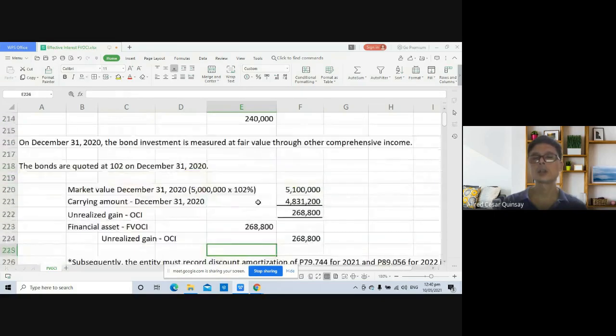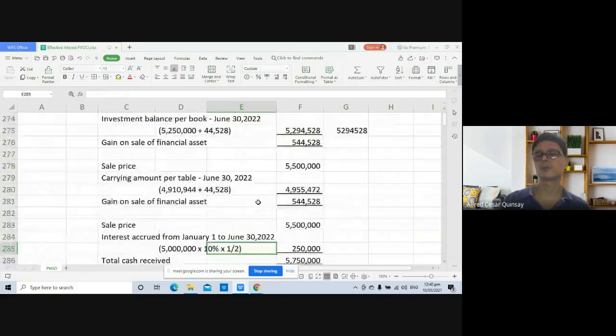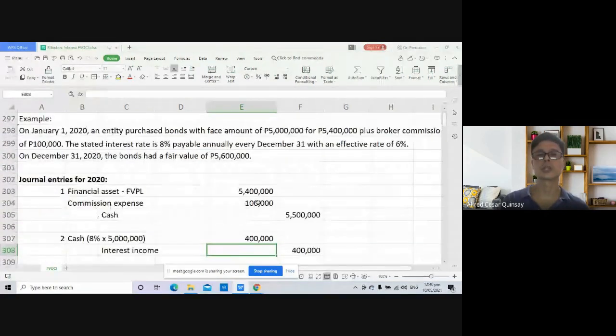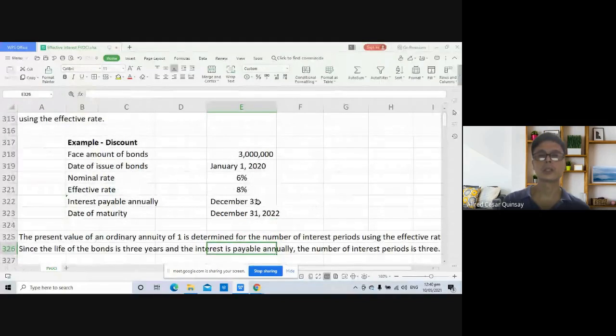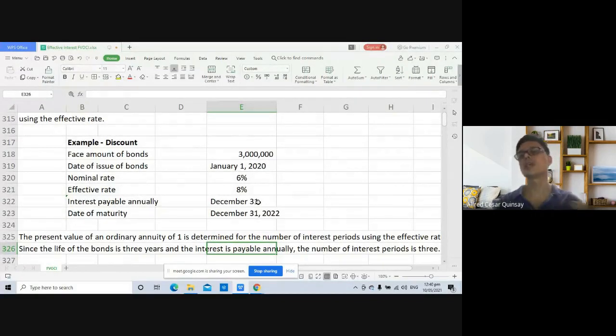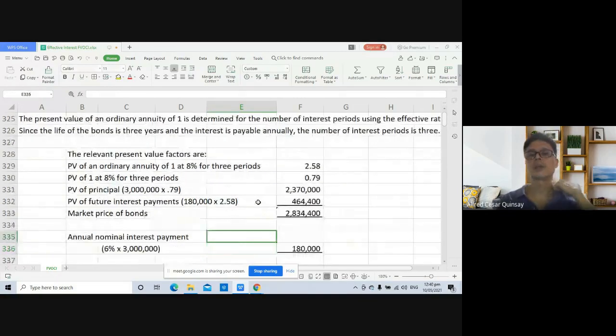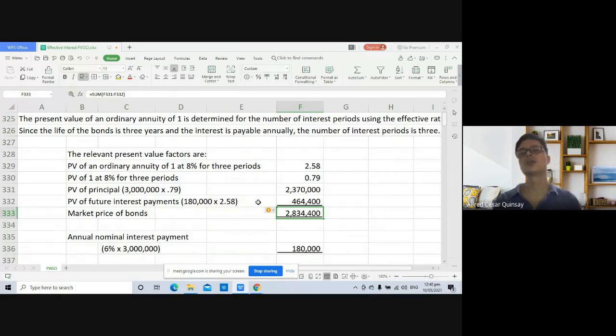The same approach rin sa amortization ng this type of problem, whether it's FVOCI or FVPL. Iba nga lang yung classification, kasi yung isa financial asset na nameet yung dalawang characteristics, ito naman sa profit and loss.